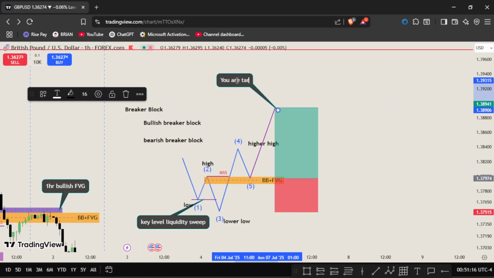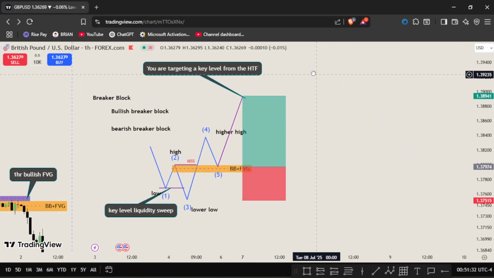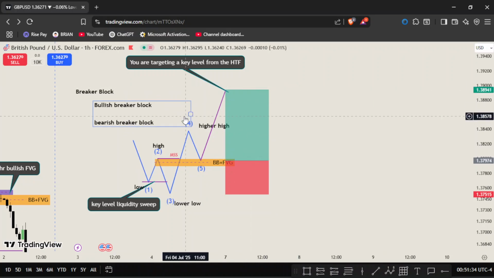You are targeting a key level from the higher time frame.